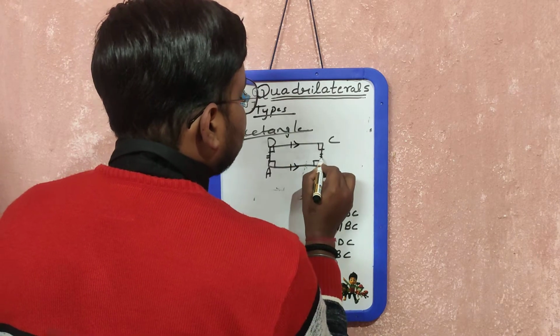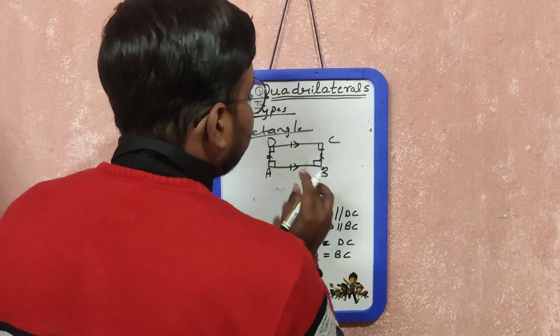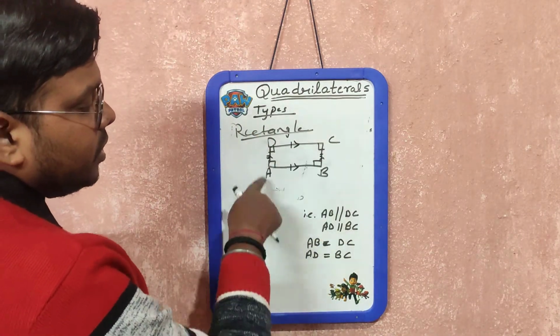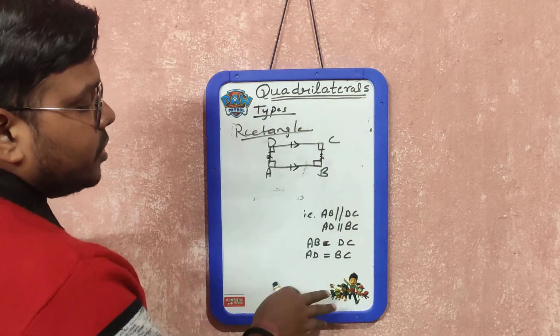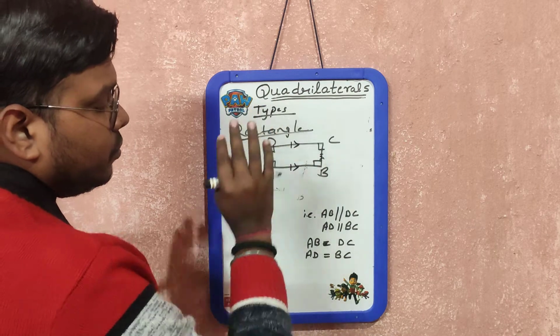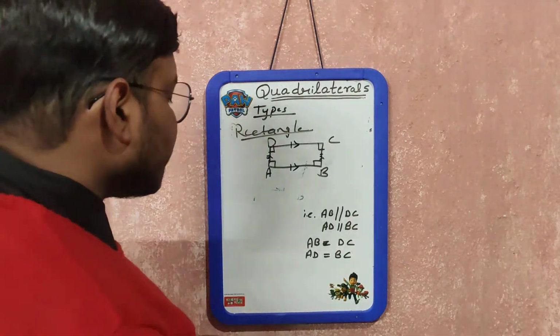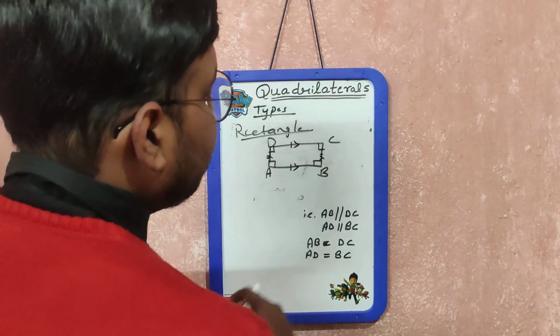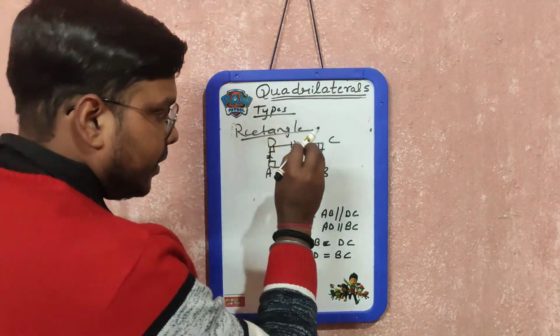This one is equal to this one and this one is parallel to this one. So here also AB is parallel to DC, DA is parallel to BC, and AB is equal to DC, and BC is equal to AD. That means the opposite sides are parallel and equal to each other, and each angle is 90 degrees.